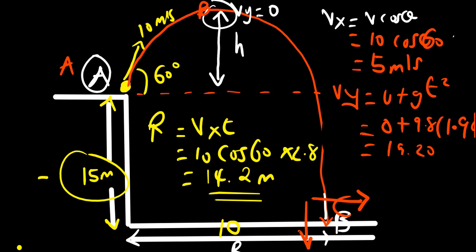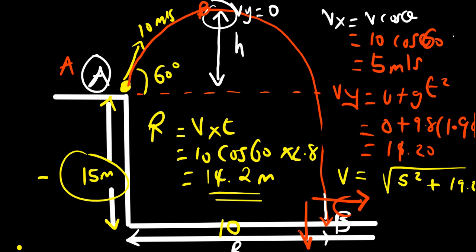9.2. Now to find the final velocity, v is equal to the square root of vx squared, which we just found to be 5, plus vy squared, which we just found to be 9.2.